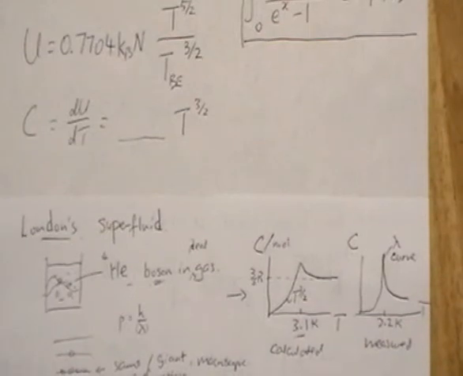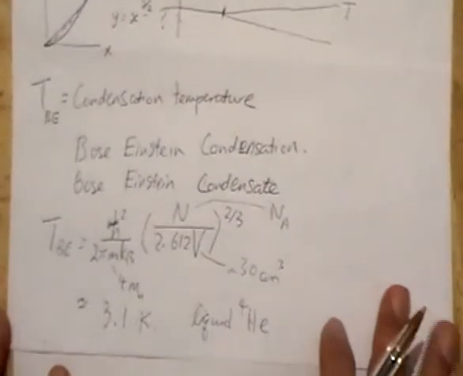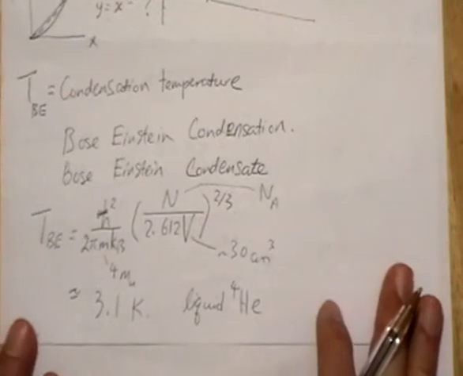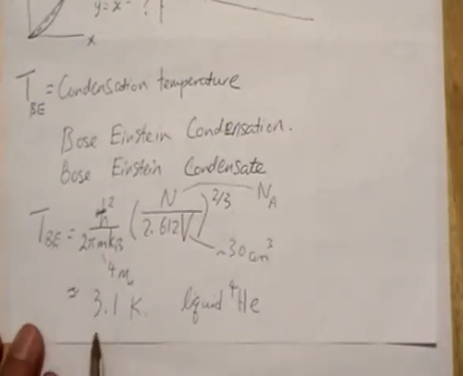Now, that number looks familiar. If you remember the result I've written down for the condensation temperature earlier on, I've written down 3.1 Kelvin.